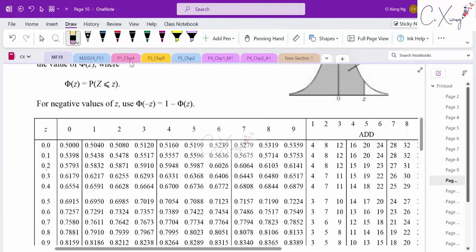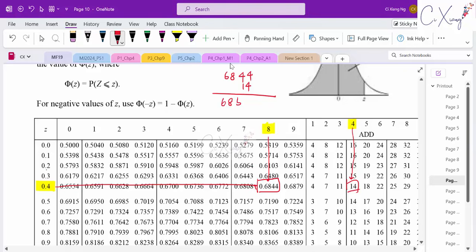0.4, this is your 0.4, 8, and 4. If you read the value from here, you will get 6844, and then you have to add 14 at the last two digits. So when I total this number, I will have 6858.